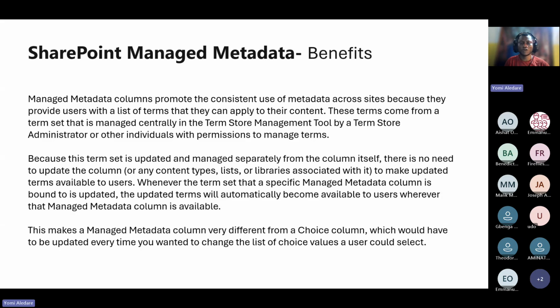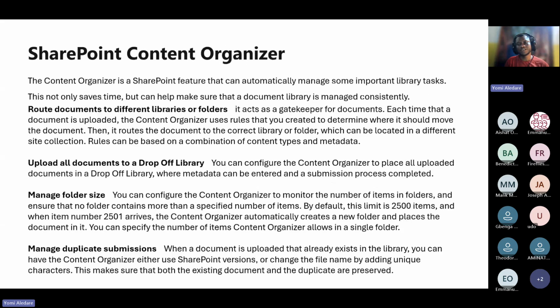Then we have what is called content type. I don't think I have a slide for that. The content type is a way of defining your content in SharePoint. Simply saying that this content should carry this behavior. When you upload a file to OneDrive, it has a modified by, it has all of those things.